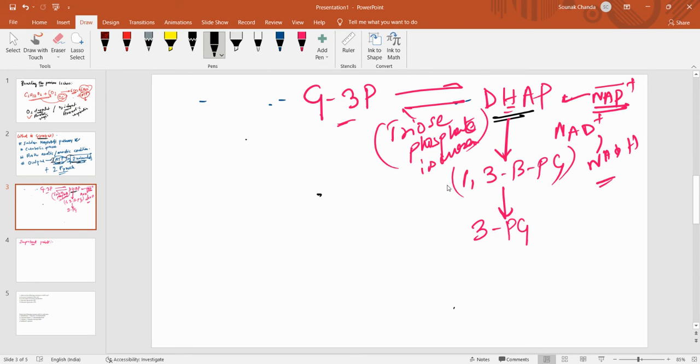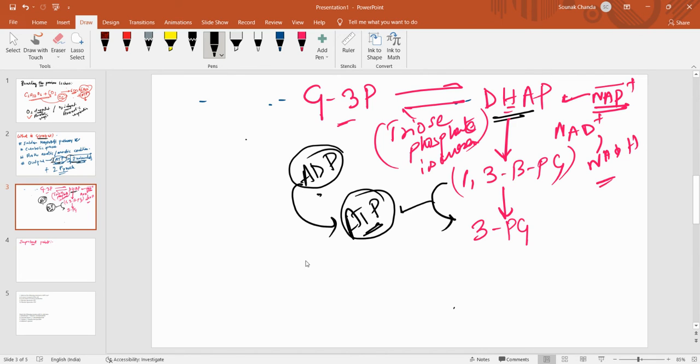So at this step, from the conversion of 1,3 BPG to 3 phosphoglycerate, we gain one ATP molecule. And how do we get this one ATP molecule? Through direct phosphate group transfer from the high energy compound to ADP to yield ATP, and this is known as substrate level phosphorylation.